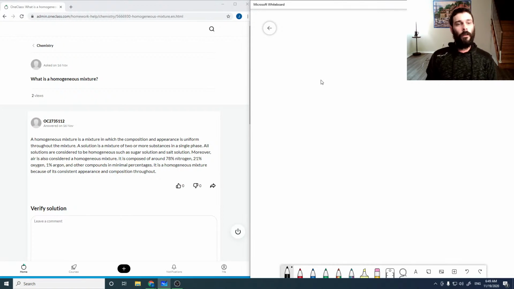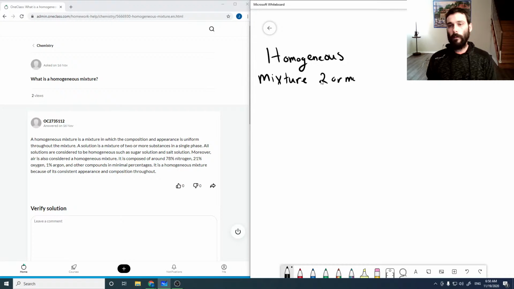So this one asks, what is a homogeneous mixture? So a homogeneous mixture is one where you have a mixture of 2 or more substances in solution.